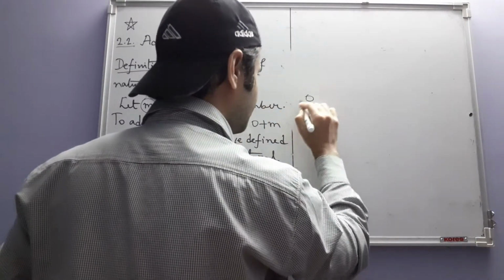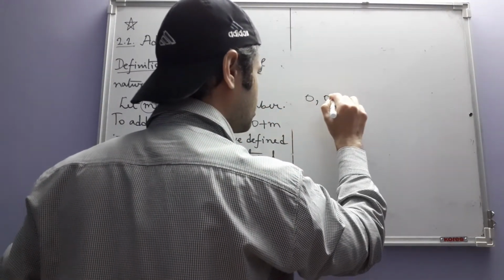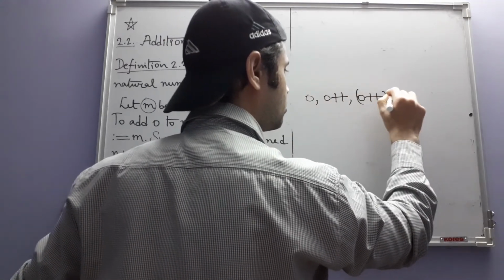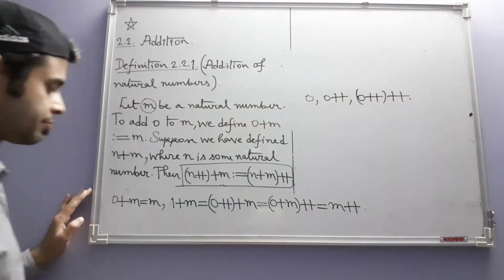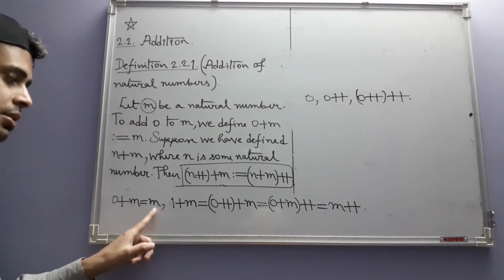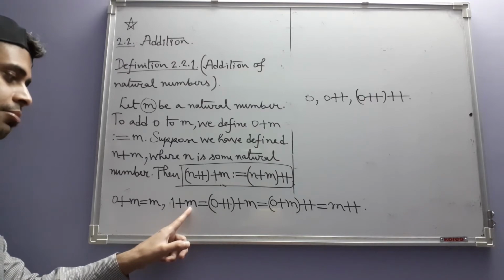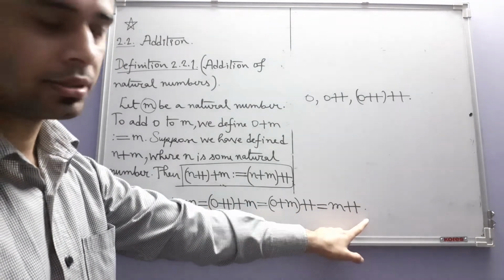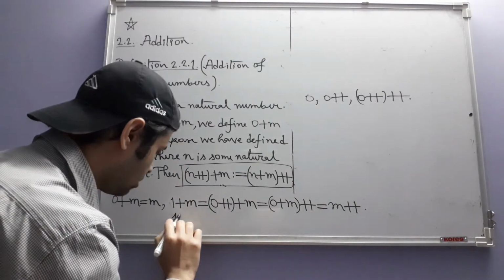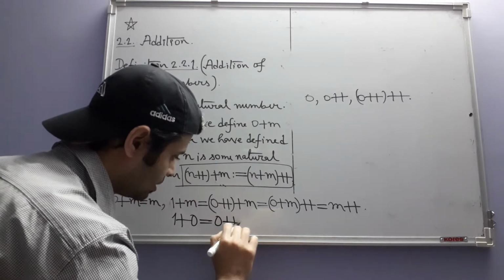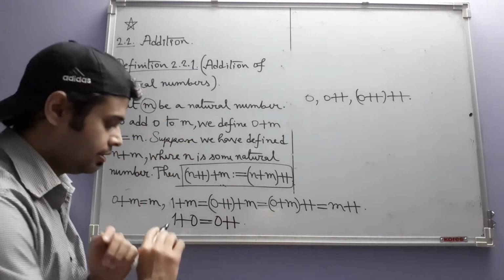The way I was defining natural numbers was this, right? Now if I put m equal to 0 here, I have 0++. That is because of this formula, I have this identity.